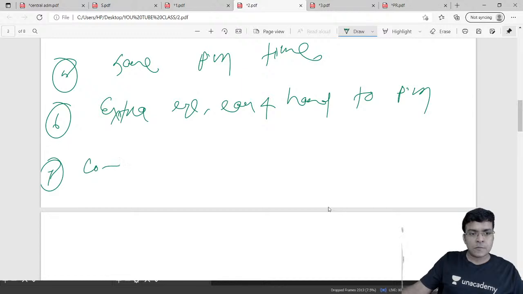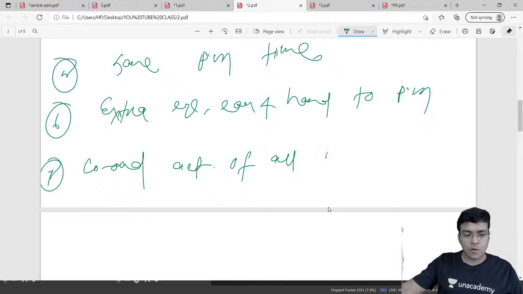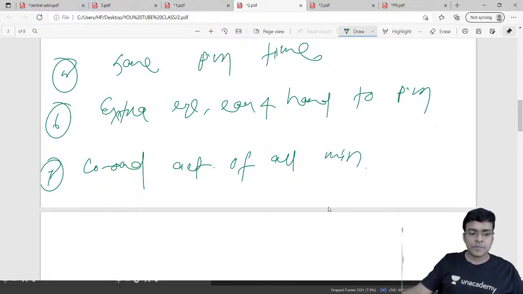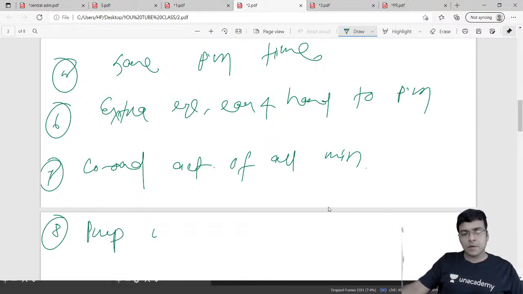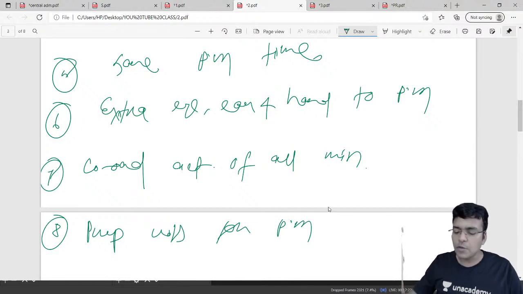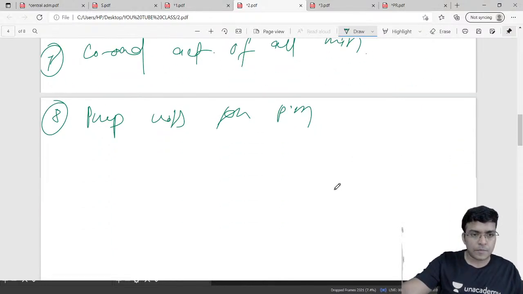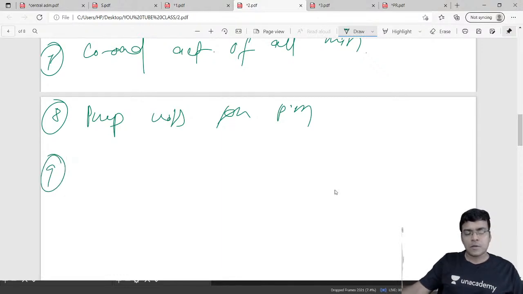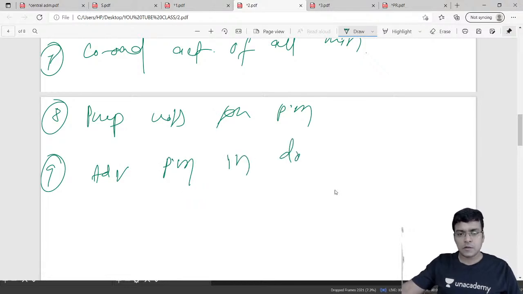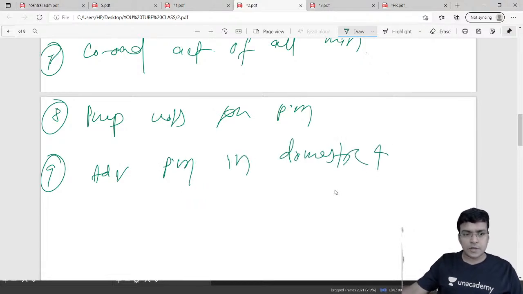He coordinates the activity of all ministries. He prepares notes for the PM. He advises the PM on domestic and foreign matters, foreign issues.